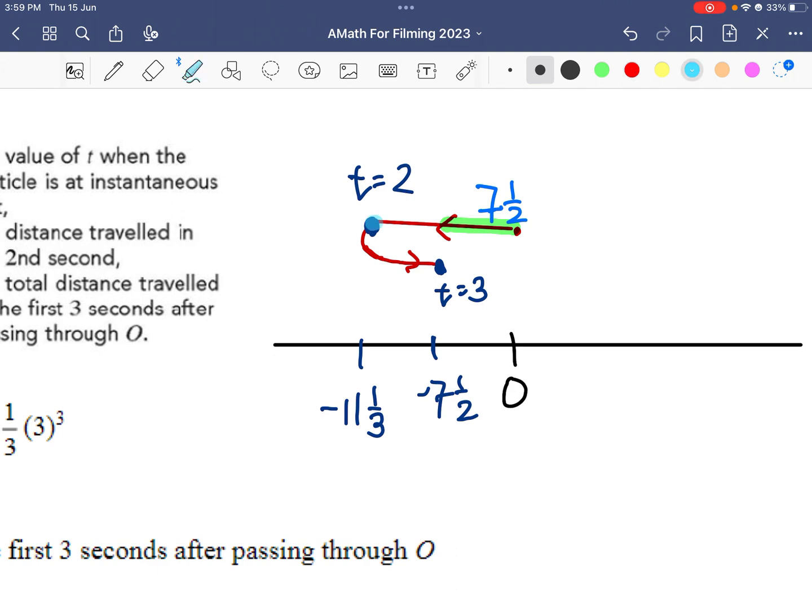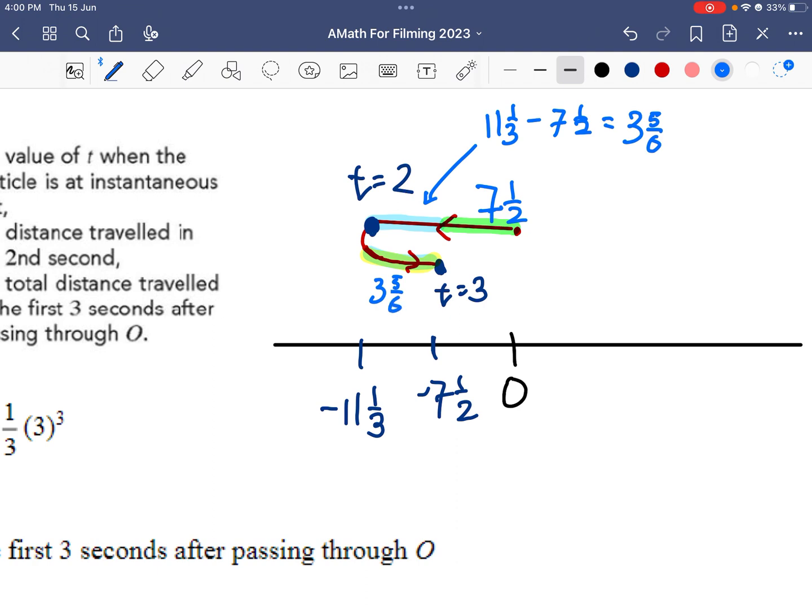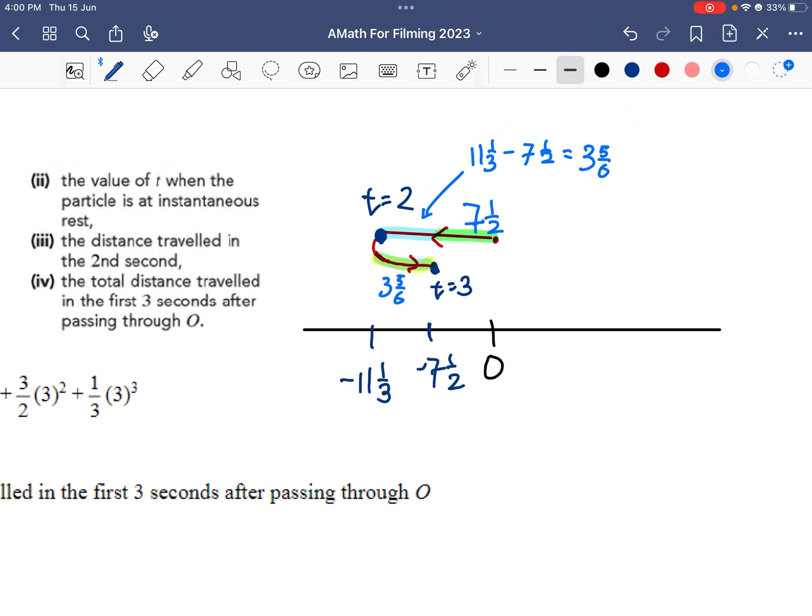Then the next portion in blue is where I take 11 and 1/3 minus 7.5, I get 3 and 5 over 6. Then the portion in yellow is also 3 and 5 over 6.